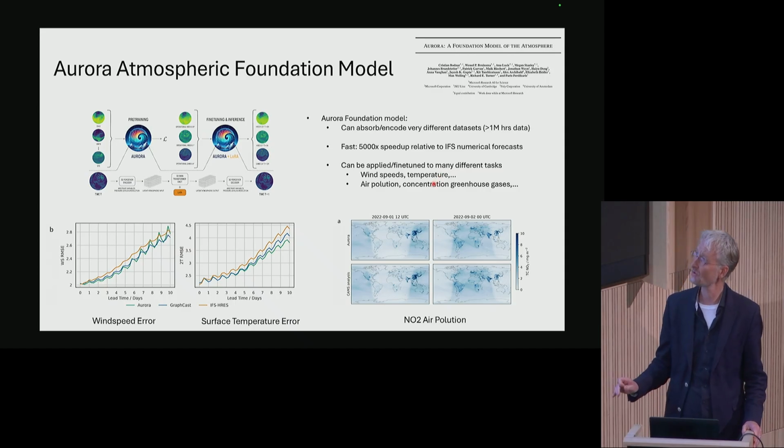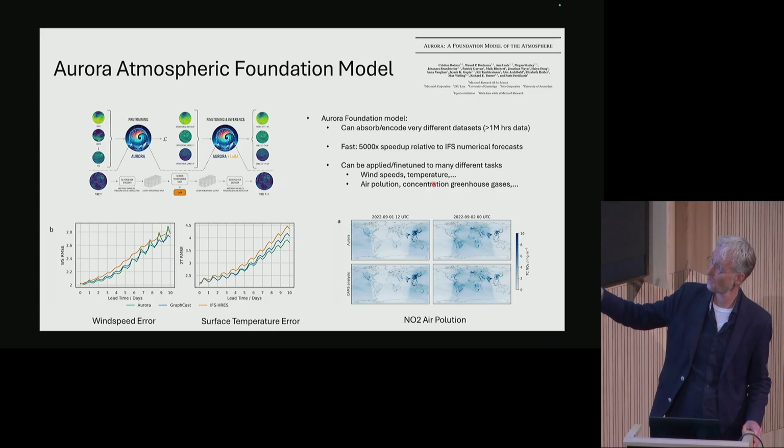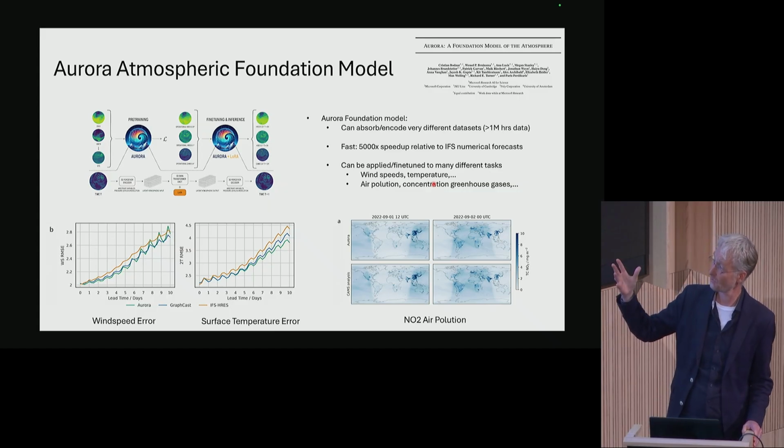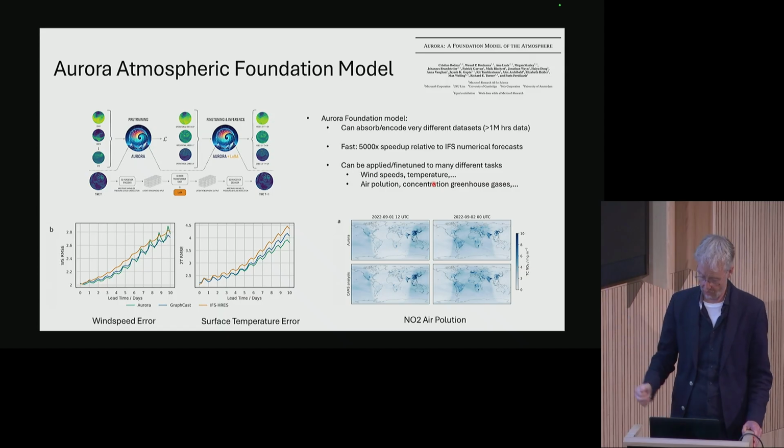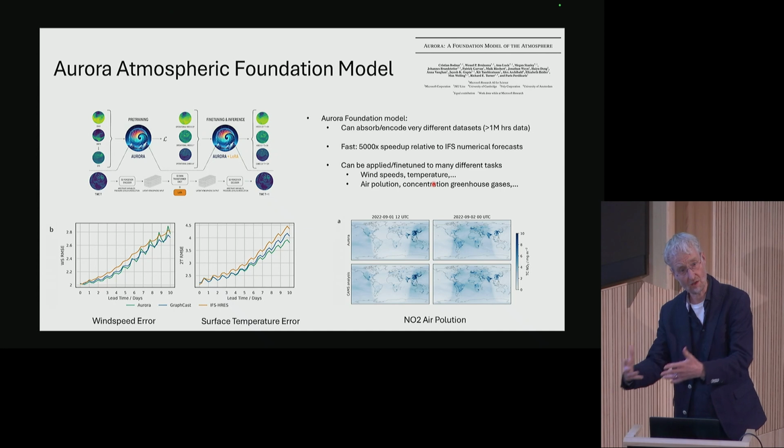But the nice thing about this also is that we showed that you can transfer a model trained for weather data to a completely different task, which is predicting air pollution, and you would have to do a little bit of fine tuning, but the representation you created is already very good for the next task. And I think that's also some of the paradigm shift that we are seeing, this idea of foundation models. You can use very different kinds of data to build representations and then fine-tune to a specific task.